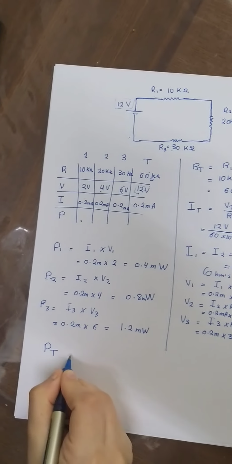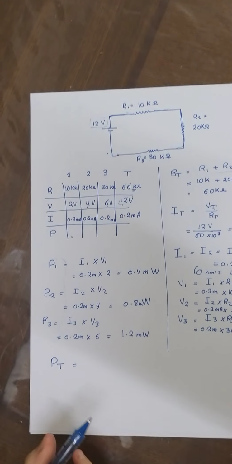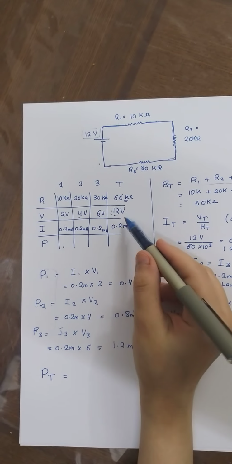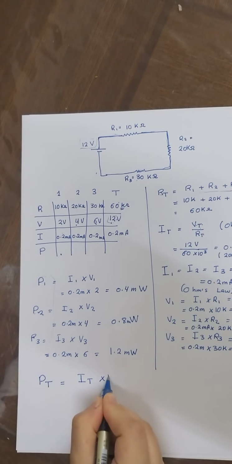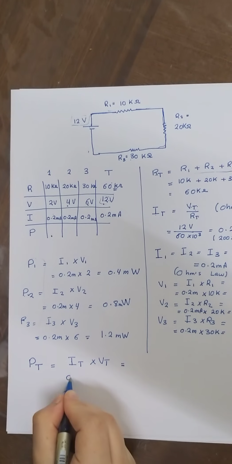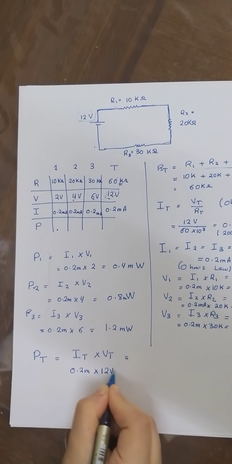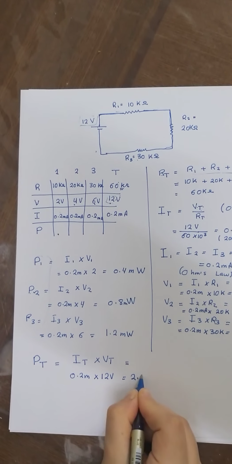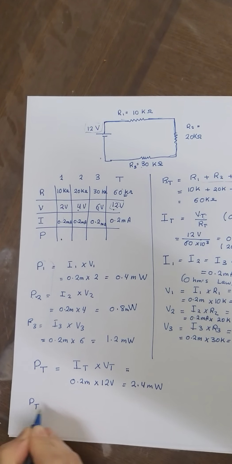For P total, we can just add the 3 powers that we have, or you can multiply I total with V total. I total is 0.2 milli times 12 volt, which is 2.4 milliwatt. Let's try it the other way.